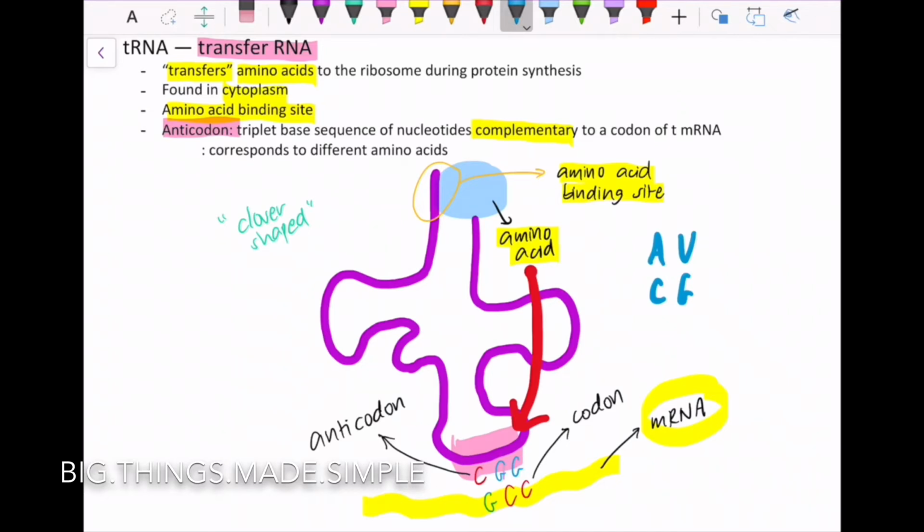That would be the anticodon that pairs up with this codon on the mRNA, and this tRNA molecule will hold a specific amino acid which corresponds to the CGG anticodon.